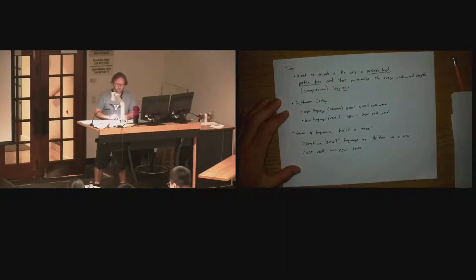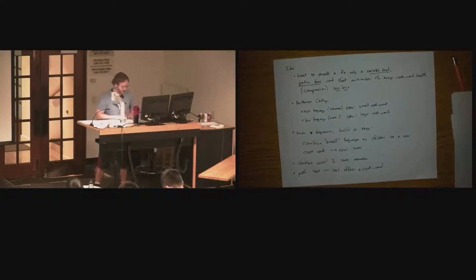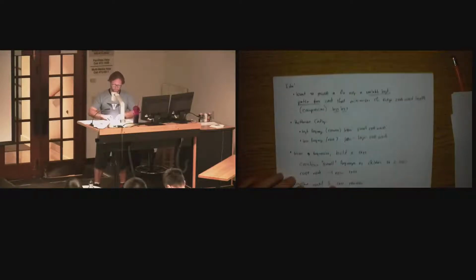Right? And we're going to continue until one tree remains. Once we've got that, then the path from the root to any leaf defines a code word. Right? That's the outline here. Let's actually look at a concrete example, and then we're going to develop the pseudocode together. Okay?